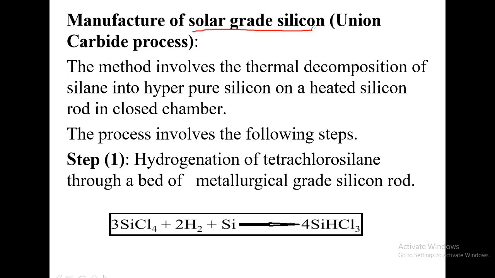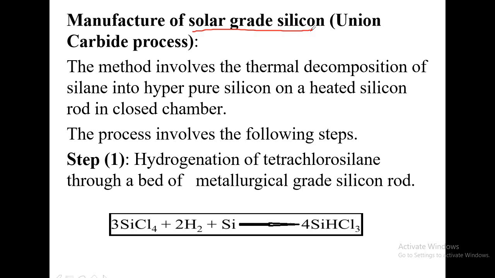But how are we converting it? That is not by removing the impurities from the metallurgical grade silicon, but by increasing the pure silicon concentration in the metallurgical grade silicon. So I want to reiterate, we are not trying to reduce the concentration of impurities in the metallurgical grade silicon.